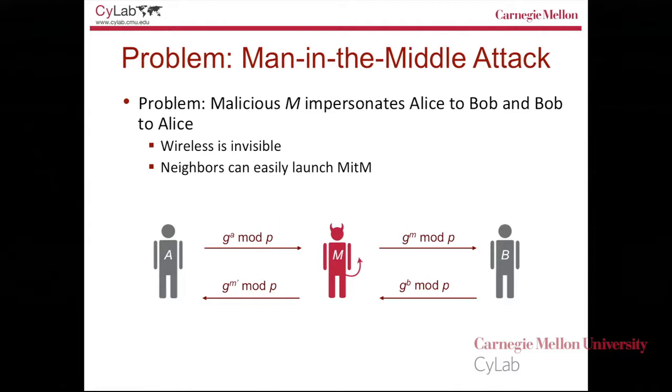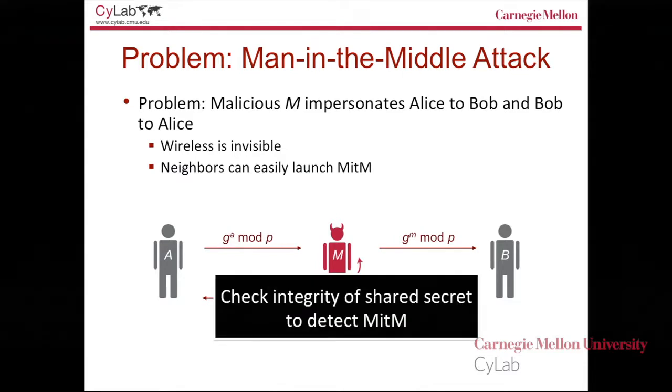And so what we get is, instead of A communicating to B, A and B communicating only through M, which is not great. This is not secret. The way we can get around this is checking the integrity of the shared secret to detect the man-in-the-middle attack.